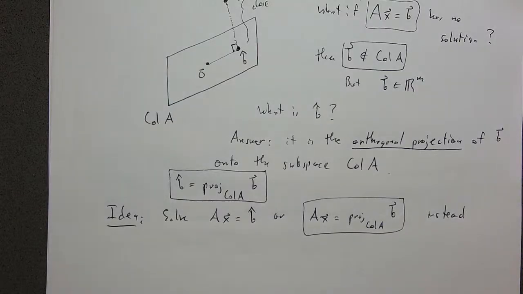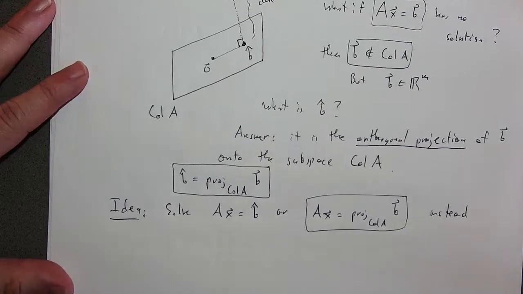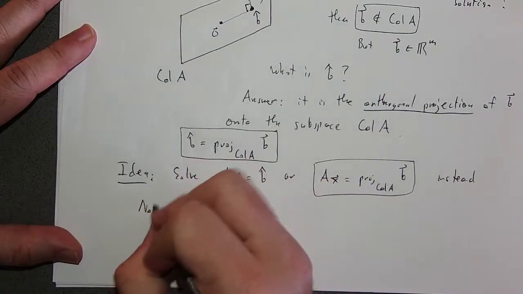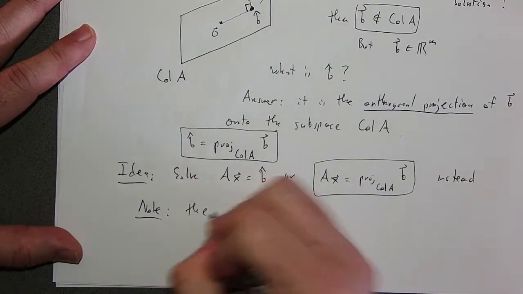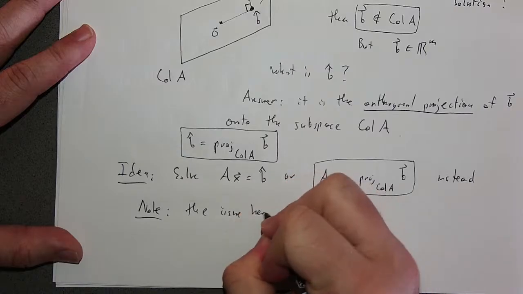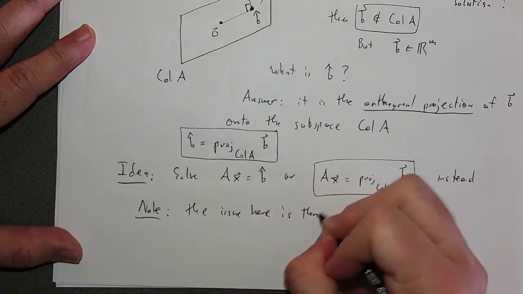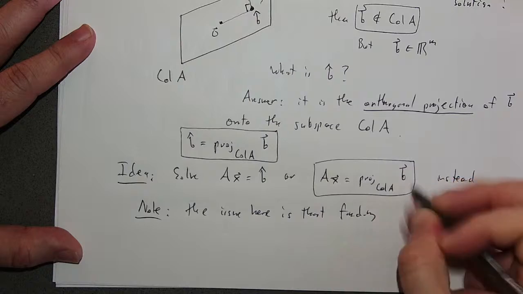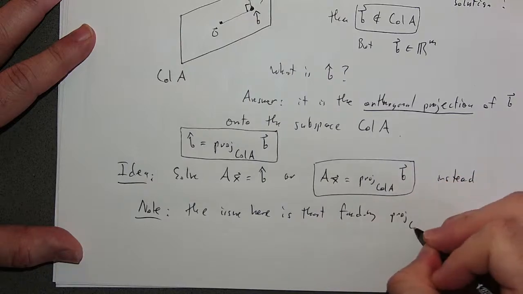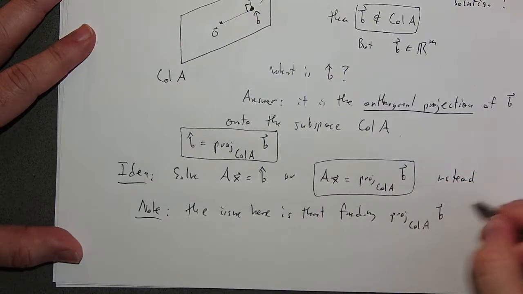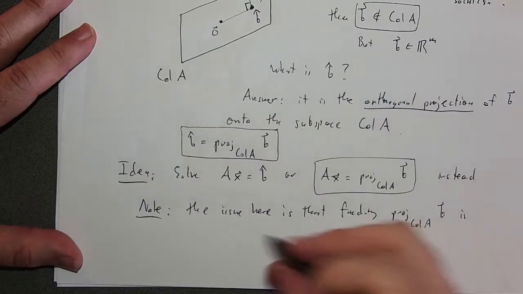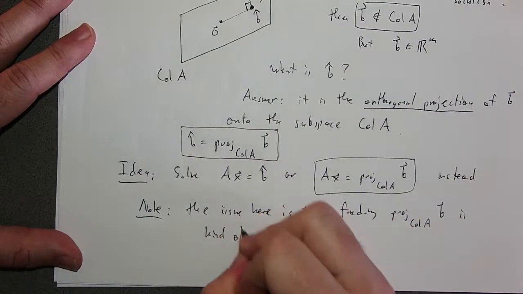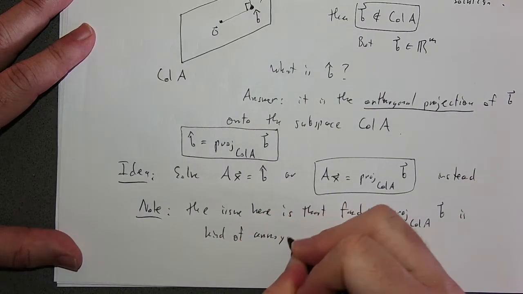Now, here's the thing. This works just fine, but note the issue here is that finding this projection onto the column space of A is actually kind of annoying. It's straightforward, but it is kind of annoying.